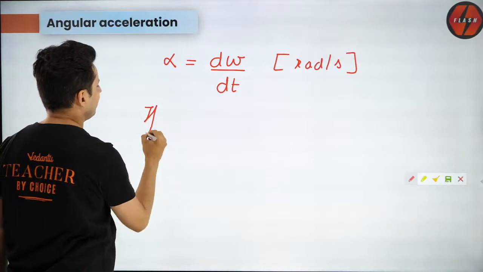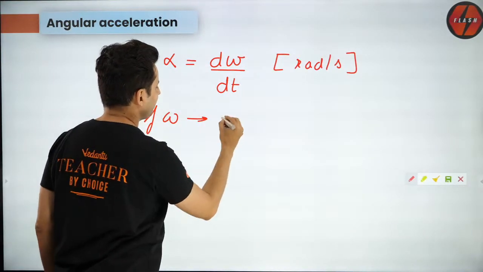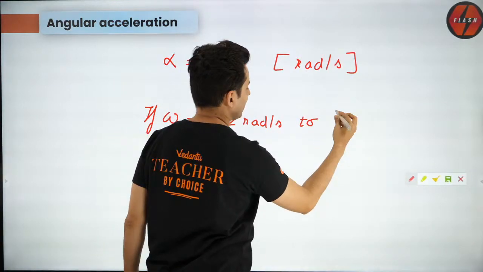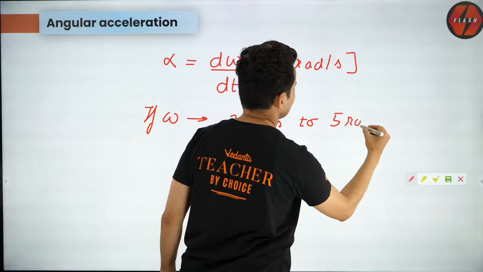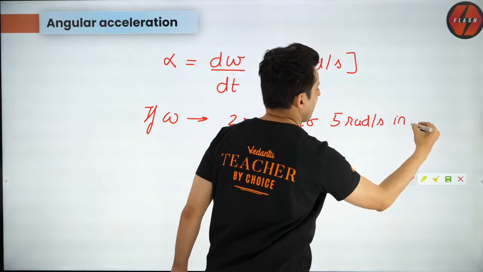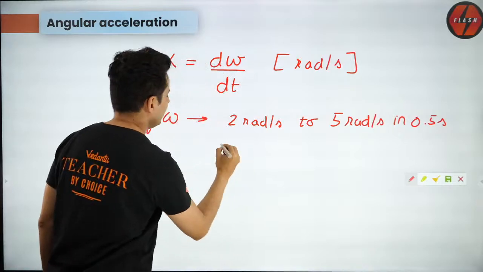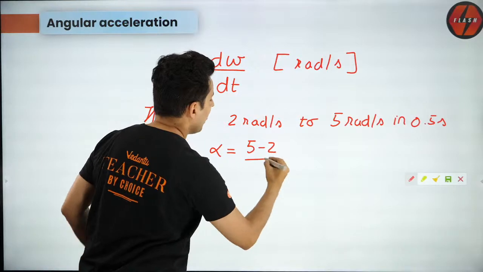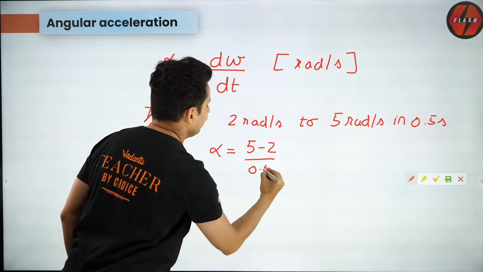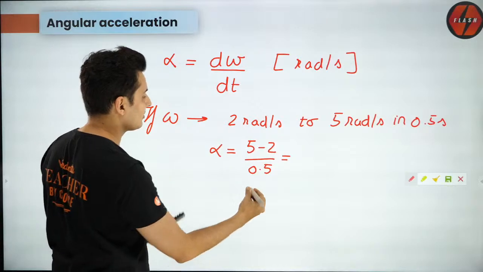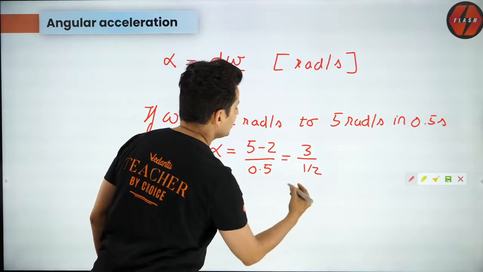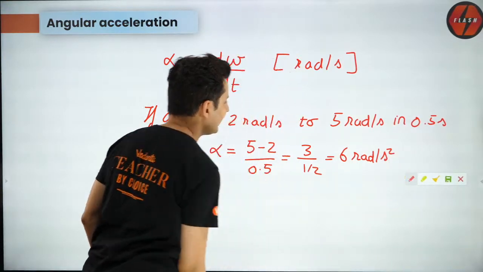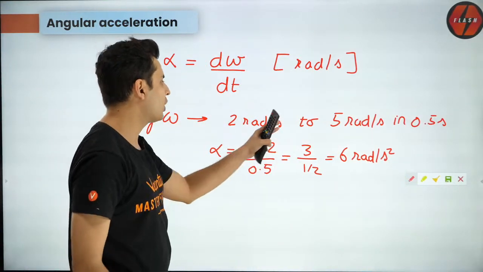For example, if omega changes from 2 radians per second to 5 radians per second in 0.5 seconds, then alpha is the change in angular velocity, 5 minus 2, upon the time taken, which is 0.5. So 5 minus 2 is 3, divided by 0.5, so that becomes 6 radians per second square. That is the angular acceleration of that particle.